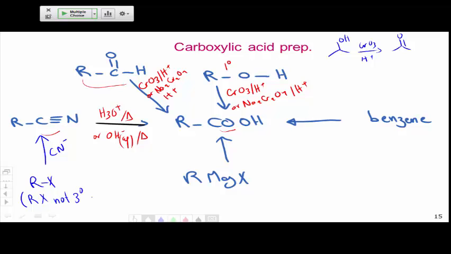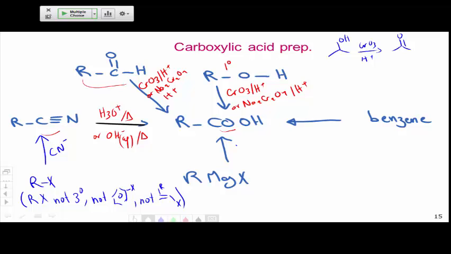Not tertiary, not phenyl, not vinyl. So I'm putting all the limitations in the same slide so that when I'm looking at the summary and doing the OWL, I have all the reactions with the limitations in here.